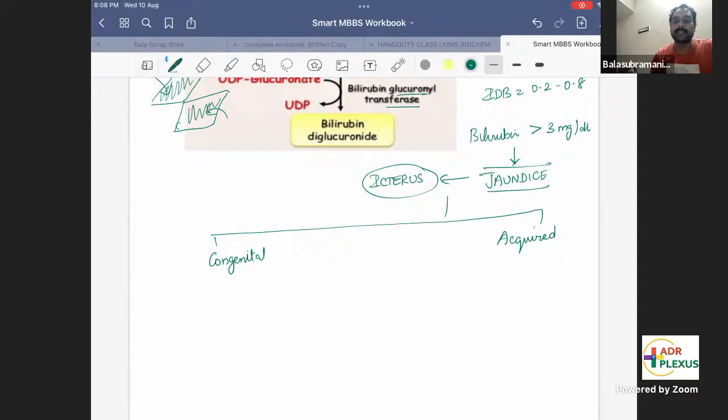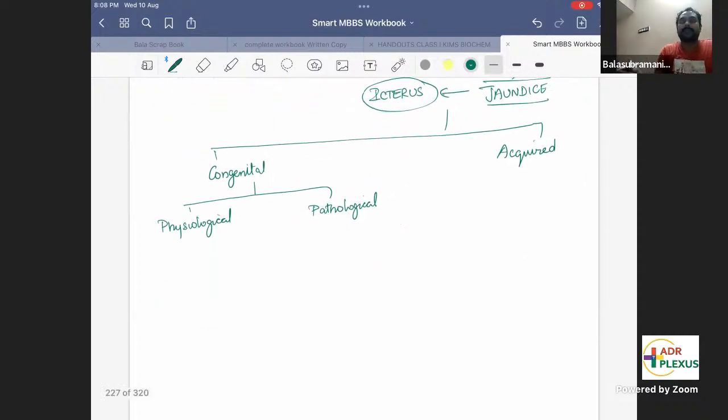Now, this congenital jaundice is again divided into two types: physiological jaundice and pathological jaundice. Physiological jaundice is any jaundice that occurs between 2 days and 2 weeks.